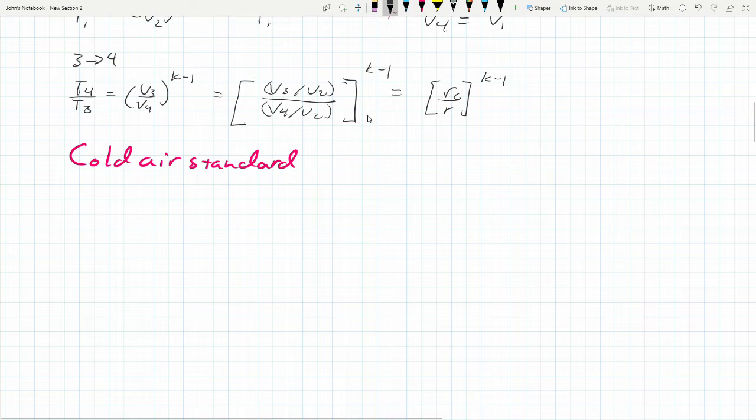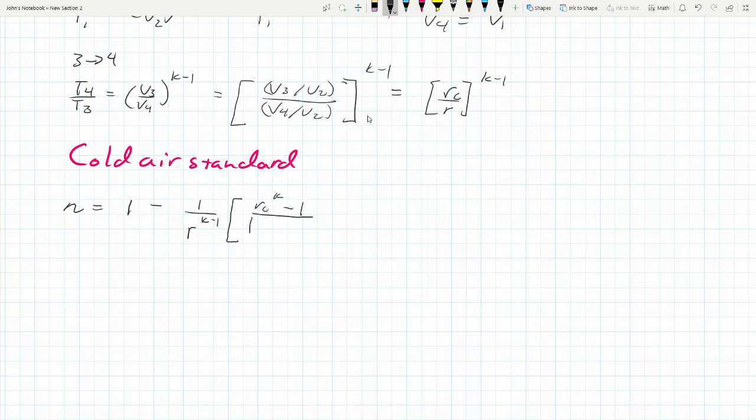When you're dealing with cold air standard, you also have a specific efficiency equation which you can use, which is written as eta equals 1 minus 1 over r to the k minus 1 times rc to the k minus 1 all over k times rc minus 1, where k is the ratio of specific heats for air, which is 1.4.